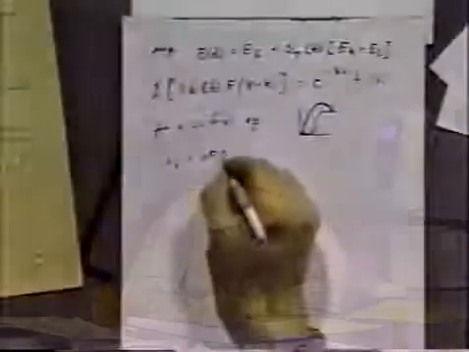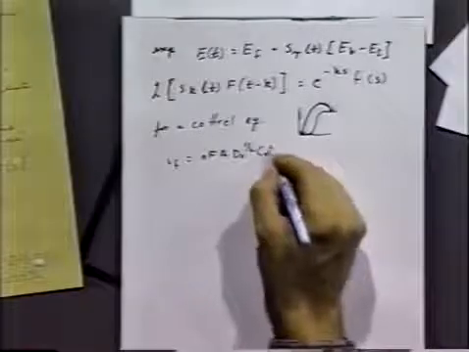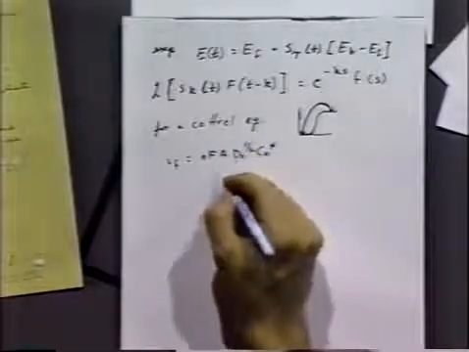I_F is equal to the Cottrell equation, as you'd expect. Can't be any different. So in other words, the current on the forward part of the step is I sub f.